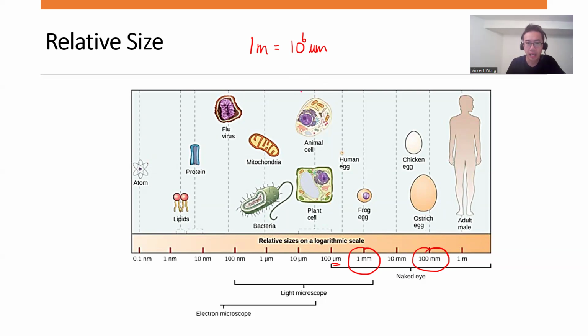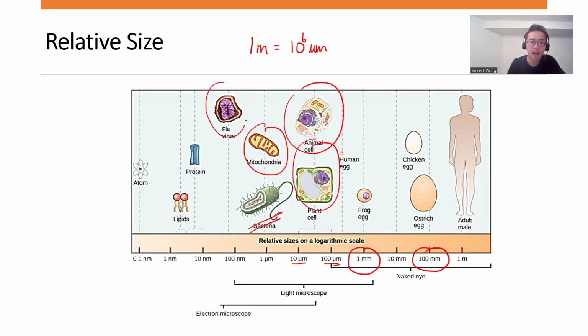Animal cells and plant cells are in the range of 10 to 100 micrometers. Organelles are even smaller, on the order of 1 micrometer. Bacteria are about the same size.